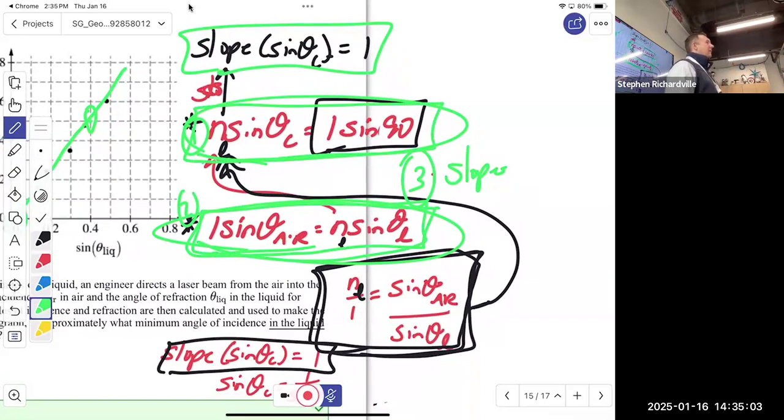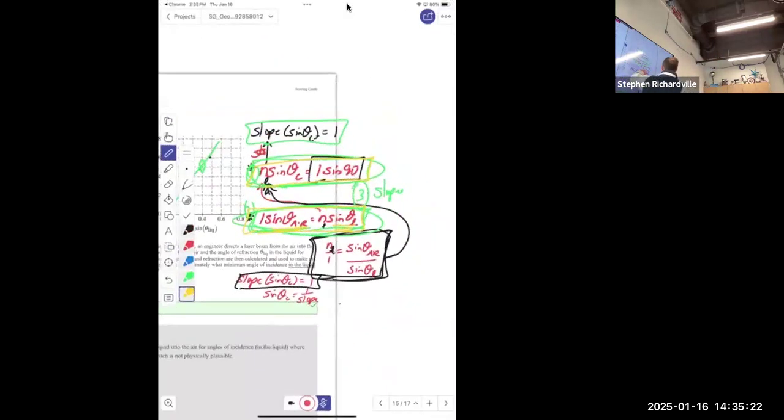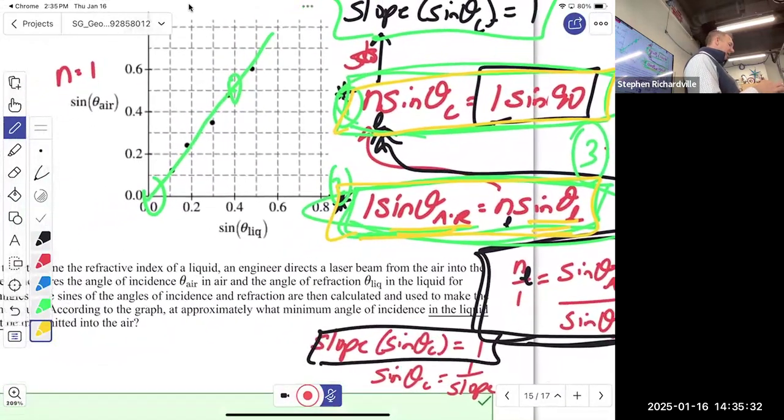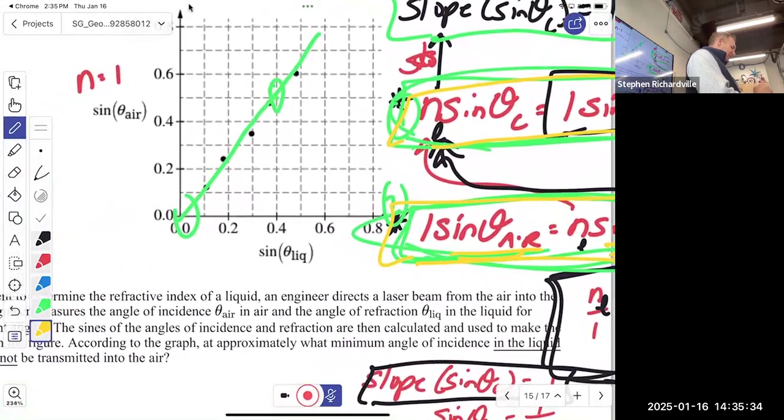And then, how does the slope factor into that? It's a little bit tricky. I can look right here and see that sine theta air over sine theta L is the slope. So all I did was create equation 1 and equation 2, and then realized that my slope is actually in here. Based on a best fit line, my slope looks like it's about 0.4 over 0.5.